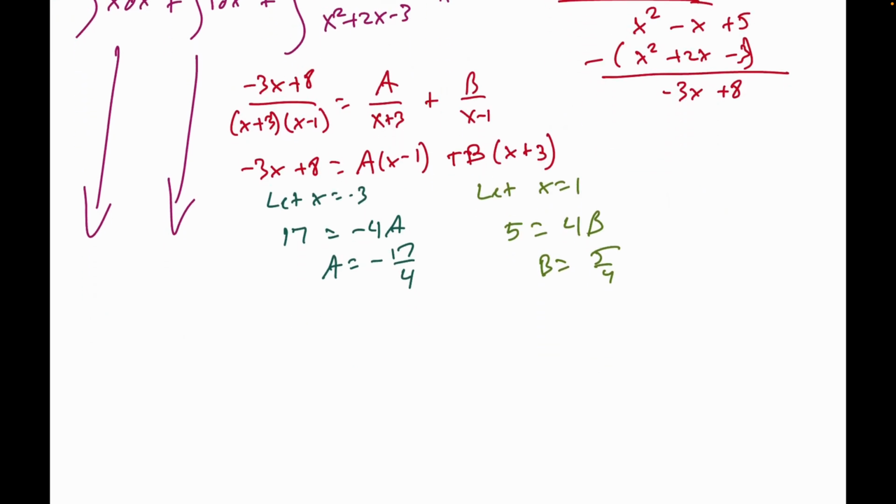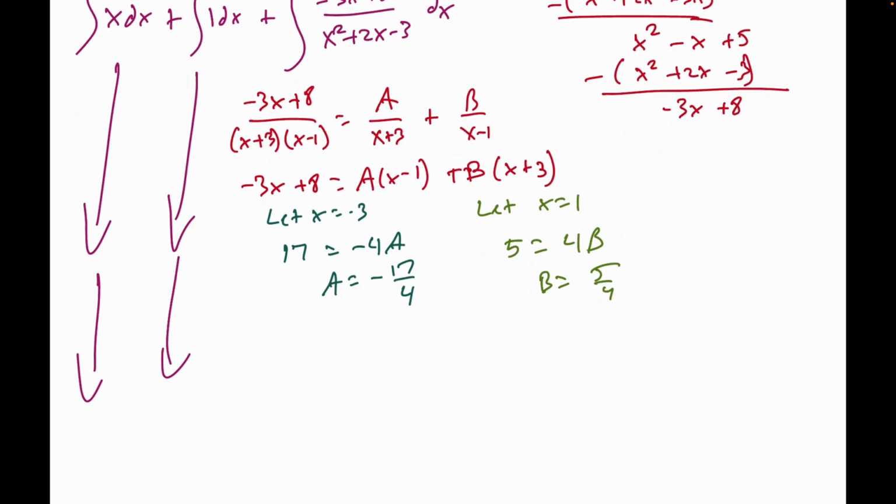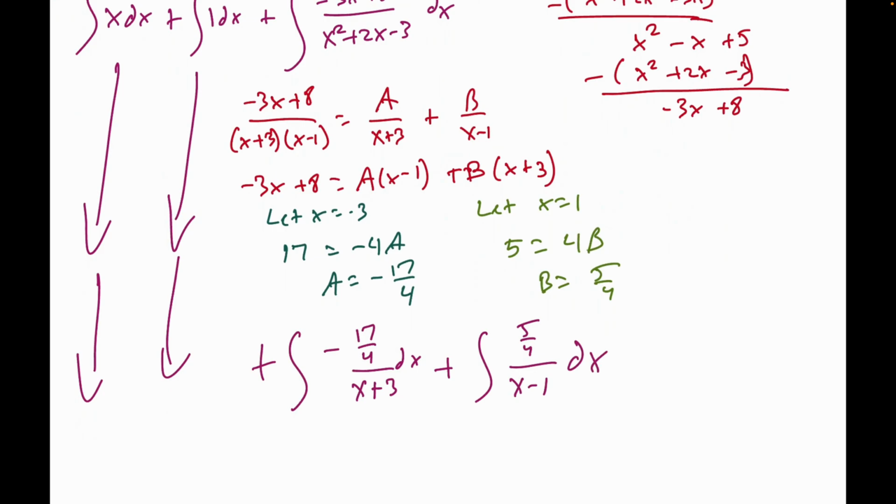All right, so back to our original problem. We had the two original integrals, and then we had this new integral, where the A is negative 17 fourths over x plus 3 and the B is 5 fourths over x minus 1 dx.